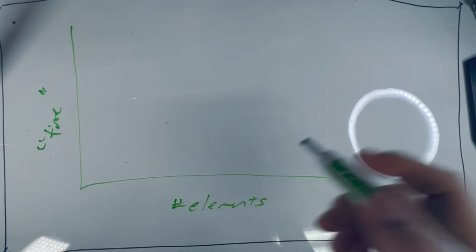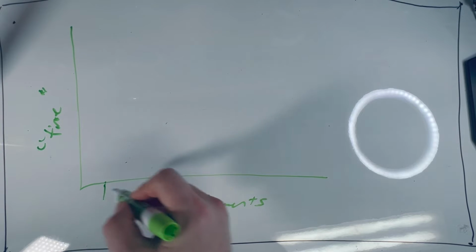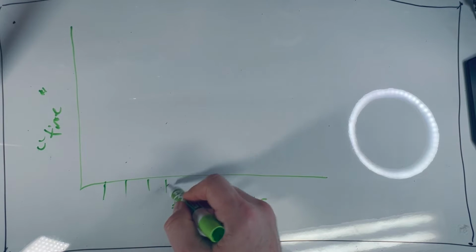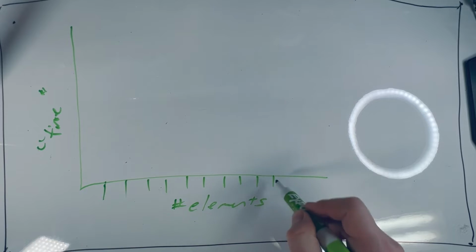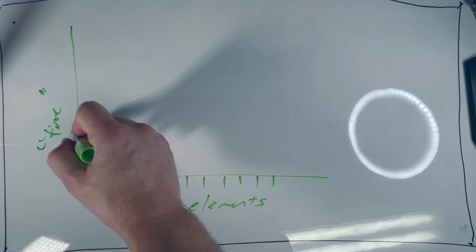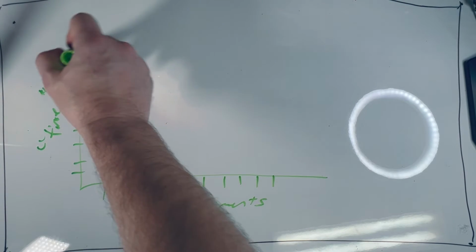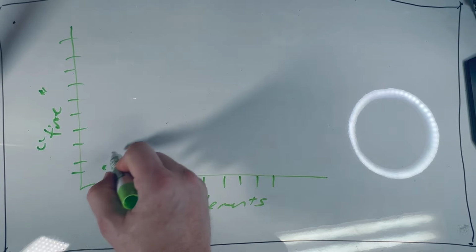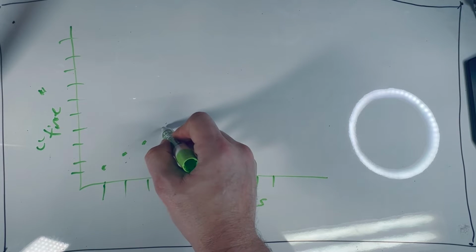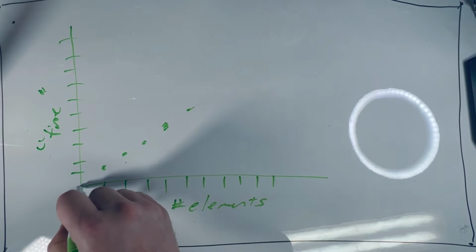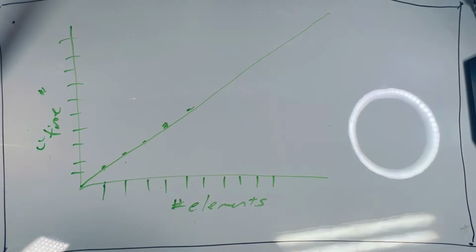So, if I have one element, 2, 3, 4, 5, 6, 7, 8, 9, 10, 1 to 1, 2 to 2, 3 to 3, 4 to 4, somewhere around there. We have a linear relationship.